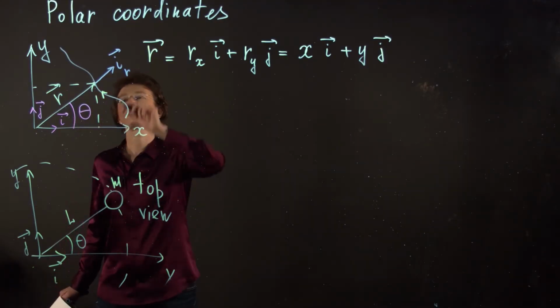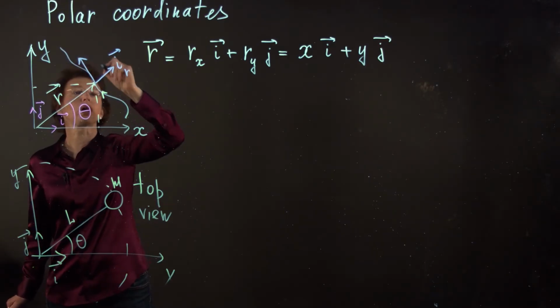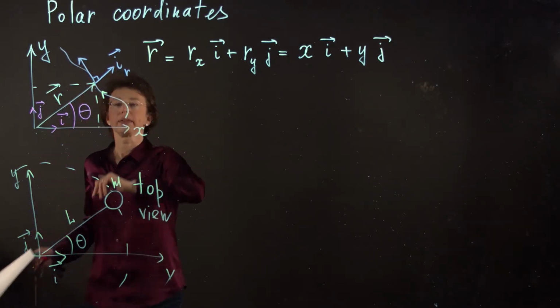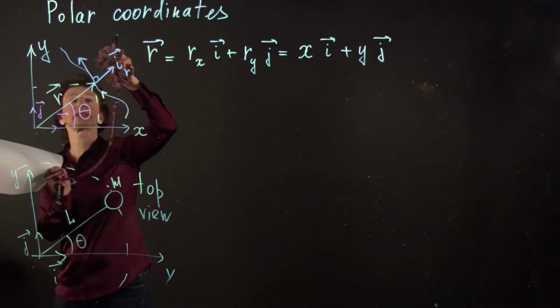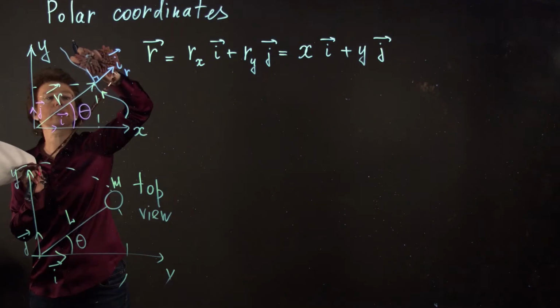Is it a straight line? And i_theta is perpendicular to i_r. This is 90 degrees. The length should be the same. I need to fix it. The length should be the same because this is also a unit vector, so the length is 1.